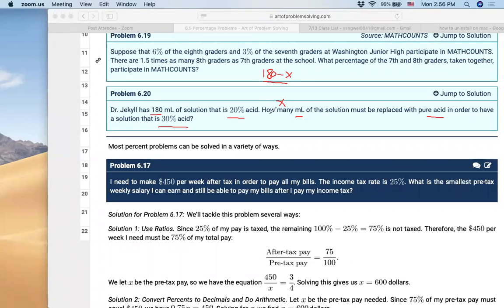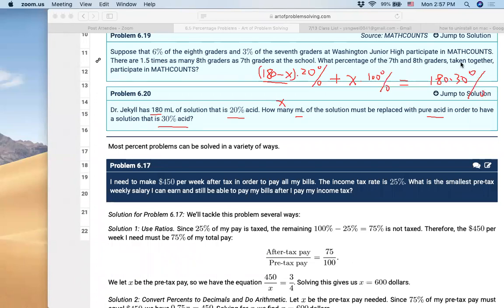But then you replace it with pure acid, okay? So that means 180 minus X, this one is 20%. Then you plus X, pure acid, that's 100% acid. This one gives you 180 times 30%. So that means you need to solve this equation, right?